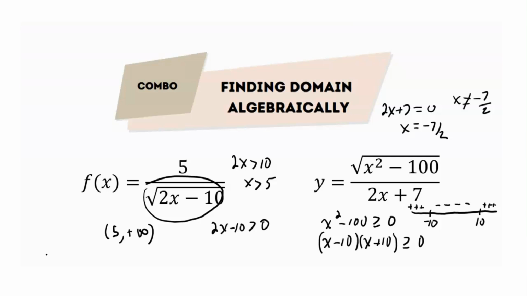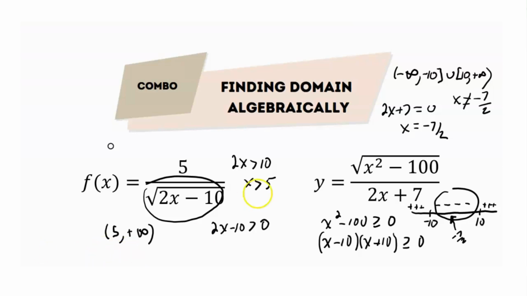The negative 7 halves would fall within this range here, which I'm not going to include in the domain. So the answer in this case would be negative infinity to negative 10, union positive 10 to positive infinity.